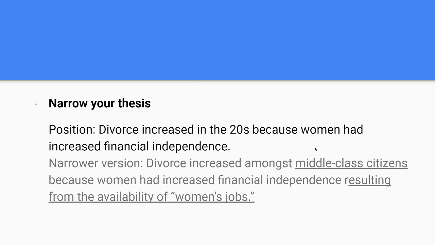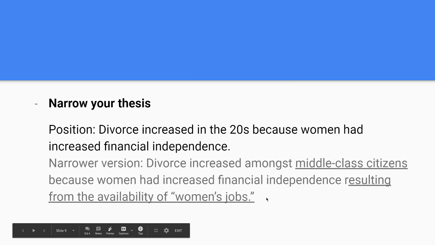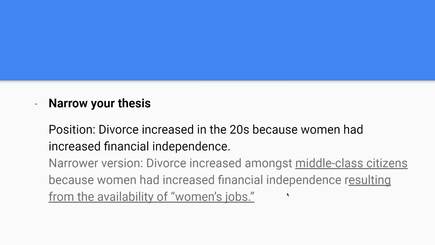I'm talking about middle-class citizens. And I'm going a little bit further to specify that the financial independence was a result of increased availability of work for women. There were more quote-unquote women's jobs in the 20s. So I've taken a pretty broad thesis and I've made it a little bit more specific and a little bit more narrow. So that's one method.